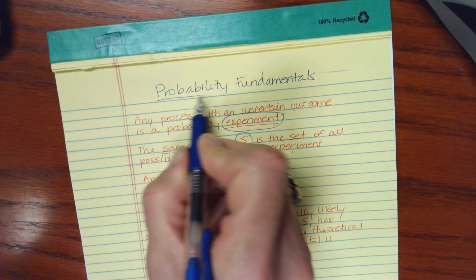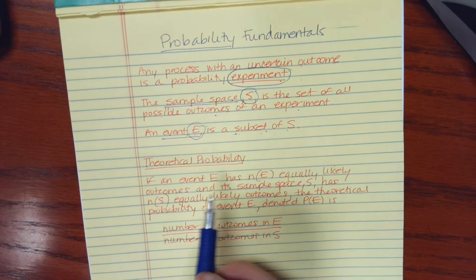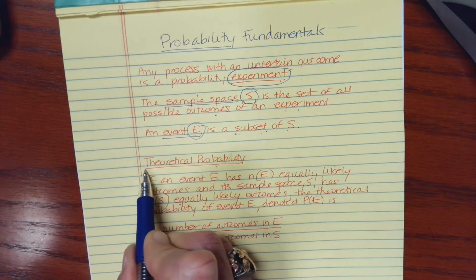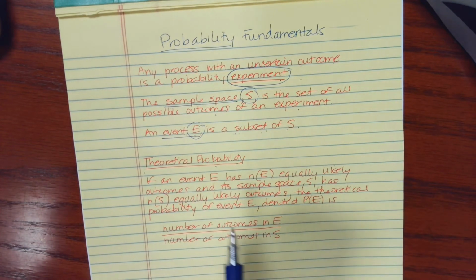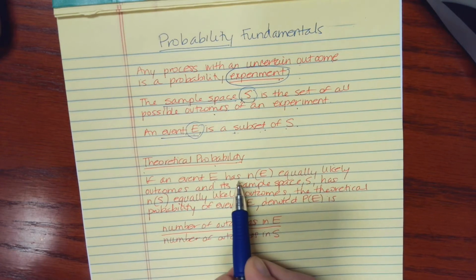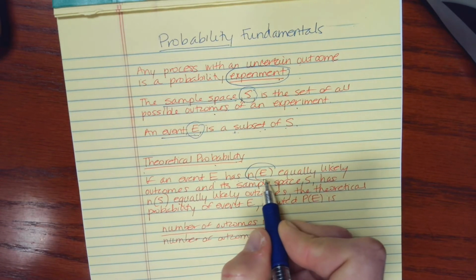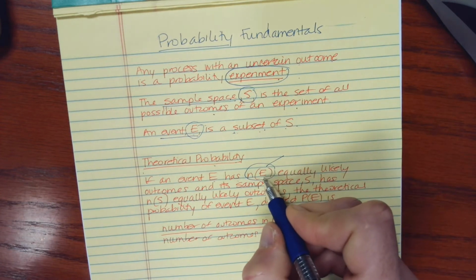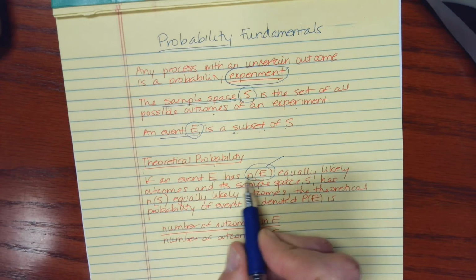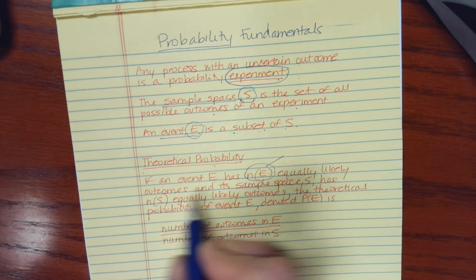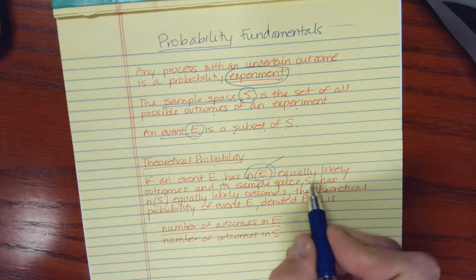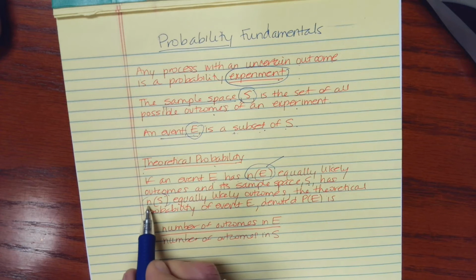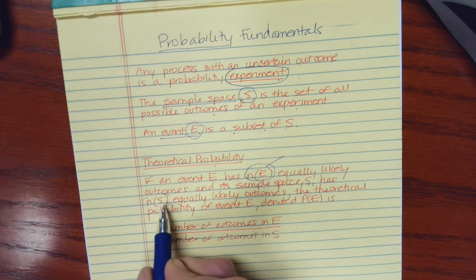So the point here is to discuss probability, and so I want to talk about one method for computing probability, and this is for theoretical probability. If an event E has n(E), the number of outcomes that are in that event E, equally likely outcomes, and its sample space, S, has n(S), so when we see this notation of a lowercase n and then something in parentheses, it's the count.